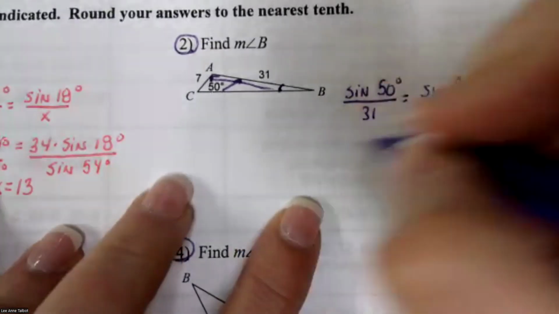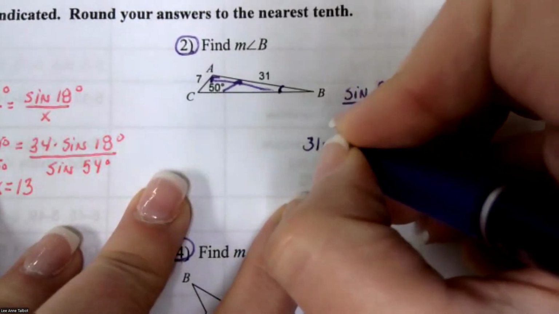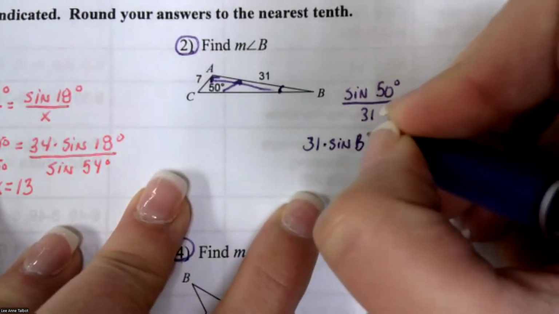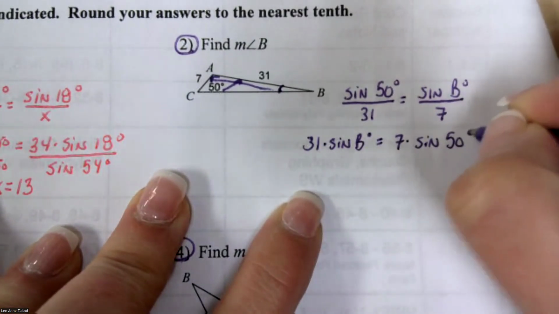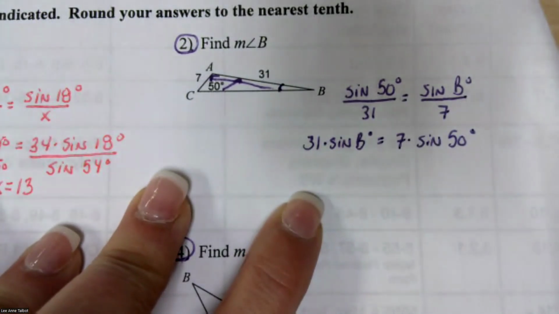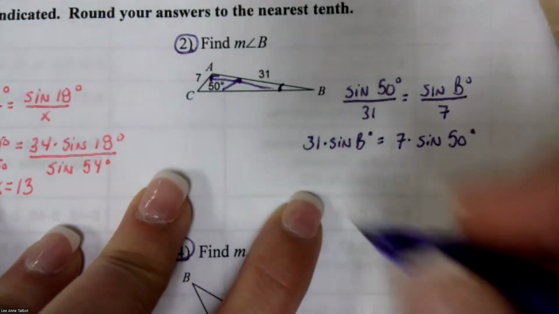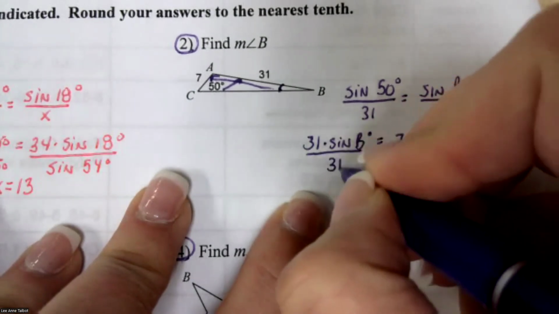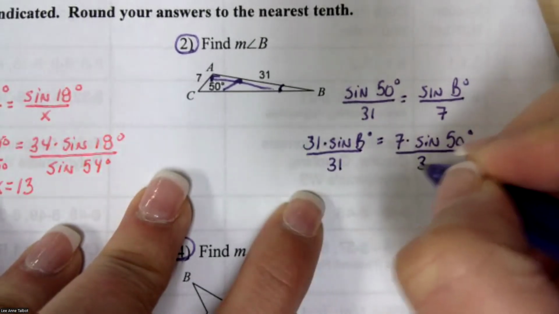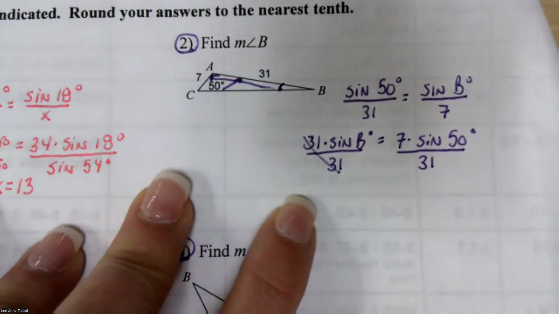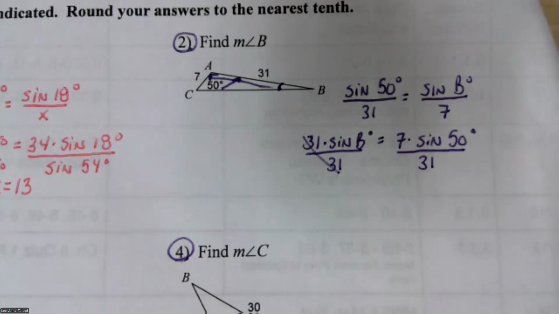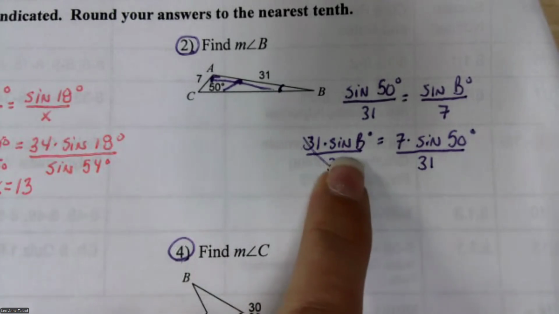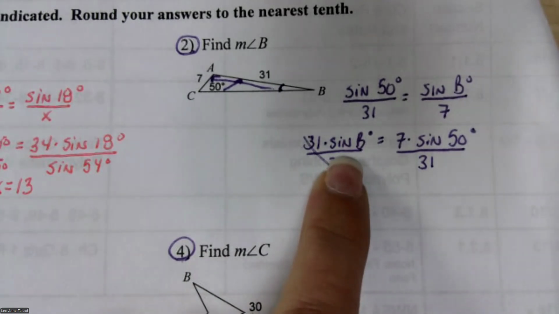Let's multiply. Divide both sides by 31. Okay, now you have not B, but sine B. Do you remember?